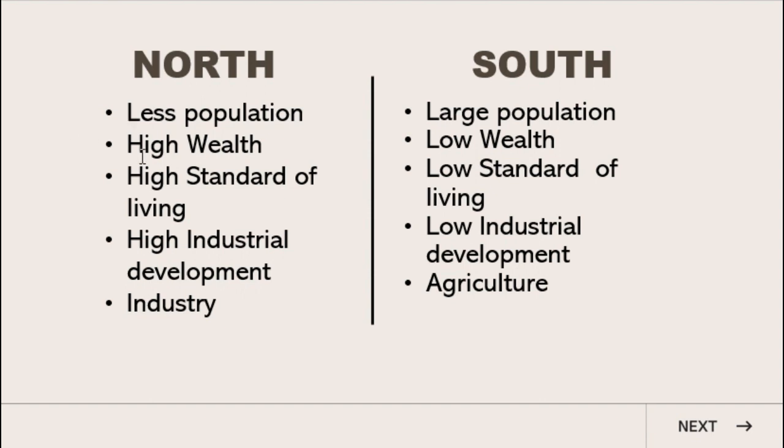In the North, there's high wealth. In South, low wealth. In North, standard of living is high. In South, standard of living is low. In North, there is high industrial development, and in South, low industrial development. And last but not the least, in North, the northern countries are mostly industrial, and the southern countries are agricultural.